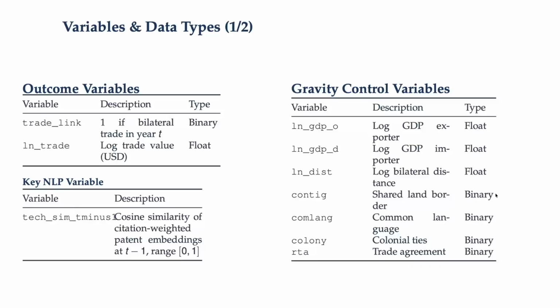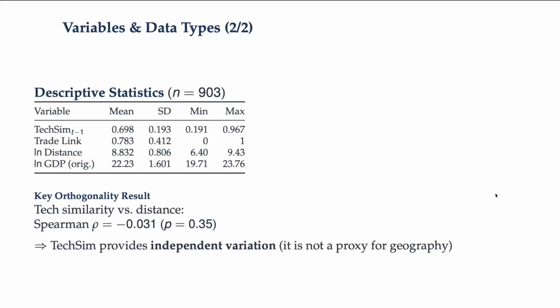RTA is trade agreement. Here we can see descriptive statistics of 903 data points. Technology similarity mean is 0.698. Trade link 0.78. Distance 8.83. GDP of origin 22.23.